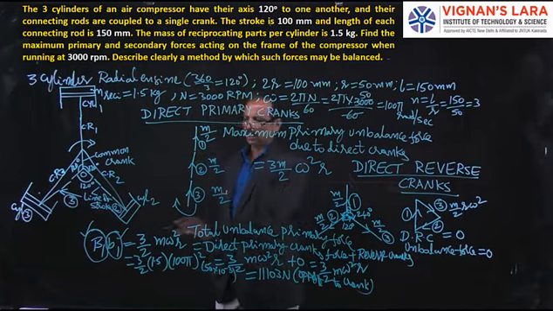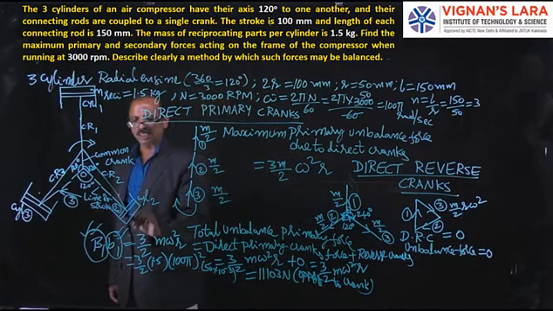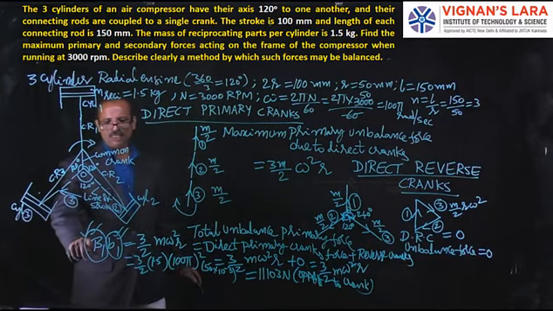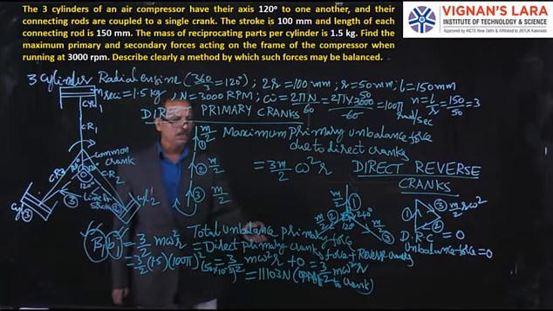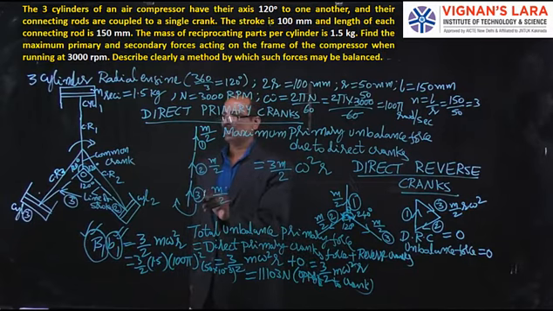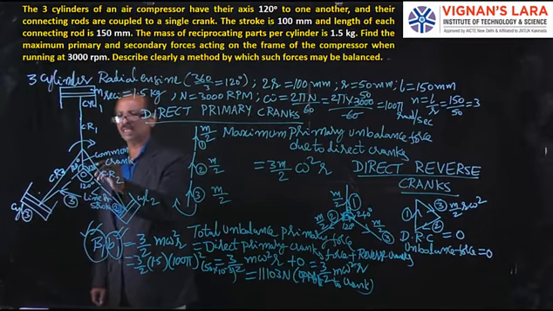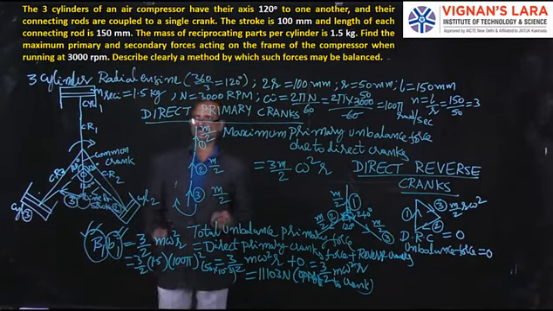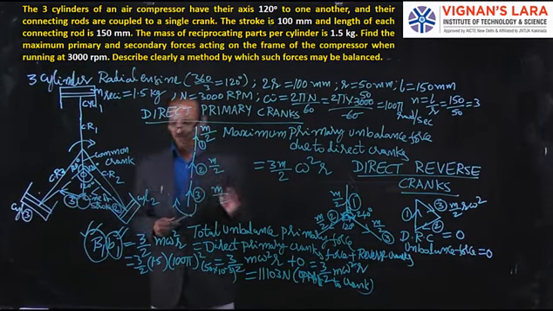Then we get the magnitude of either the mass or the distance. You can decide any one, either mass or distance. Once you select any one, the other one can be evaluated, exactly placing that mass opposite to the actual crank. That means this is the crank, so opposite to this crank, somewhere here you can place and you can balance it. So this is for primary balancing.